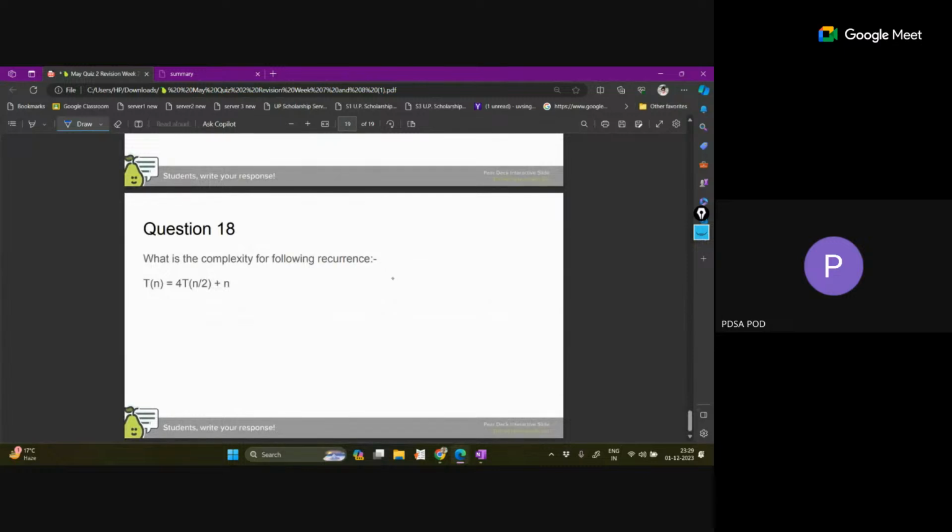And the last question is this one. This is the increasing case. So T(n) we have, and 4 calls we have. So n by 2, n by 2, n by 2, and n by 2. 4 calls. So here this is n. Next step it will become 2n. So 4 into n by 2 is 2n. So this is the increasing case.